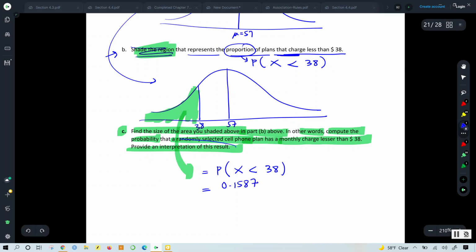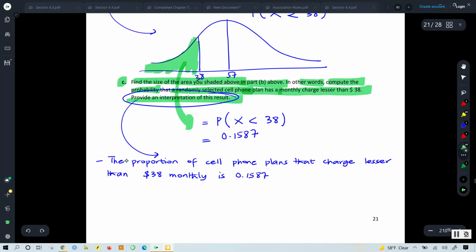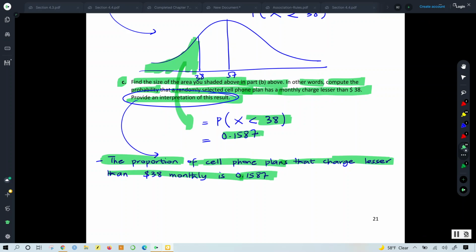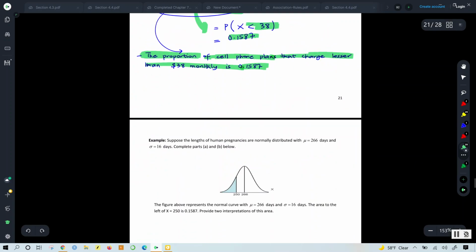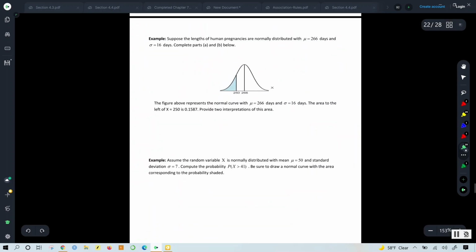And then it is time to provide an interpretation of this result. The interpretation will be: the proportion of cell phone plans that charge lesser than $38 monthly is 0.1587. With that question completed, we are now ready to move on to another example.